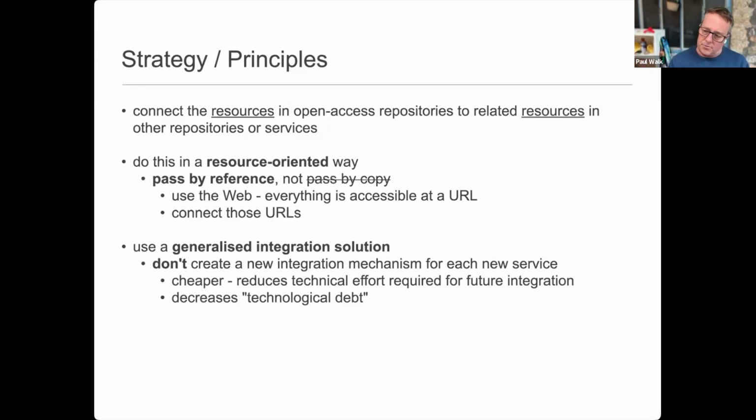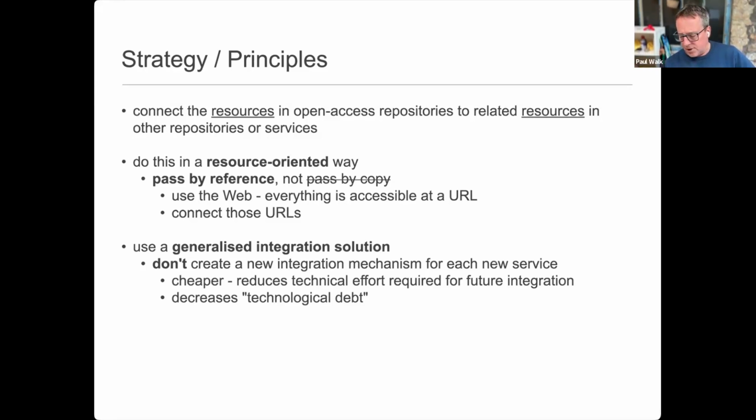And what we were keen to do was to not do that, to respect the fact that these things are distributed in a number of systems, repositories and other systems, and that what we should be exchanging is the URLs, the references to those things. And because all of the systems that we're interested in and all of our open access repositories are web systems, then URLs is the way to do this.